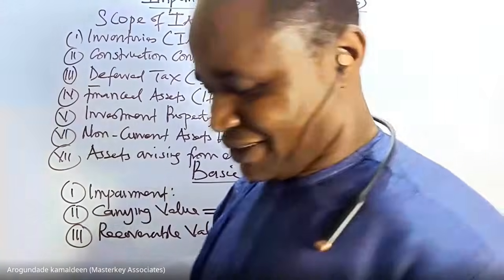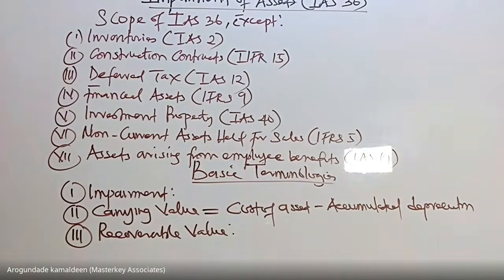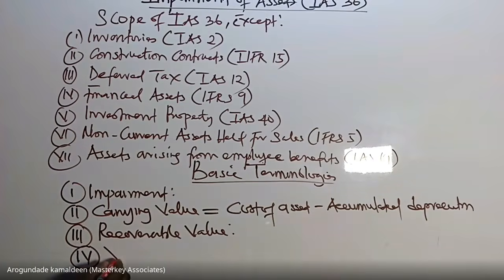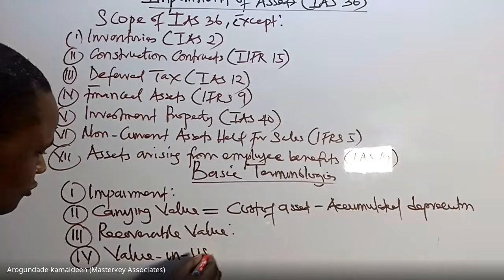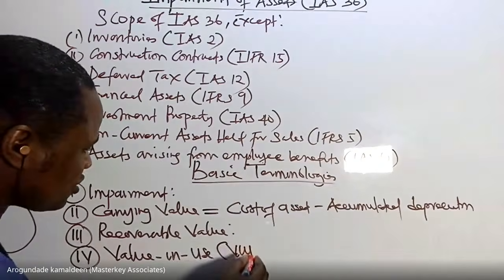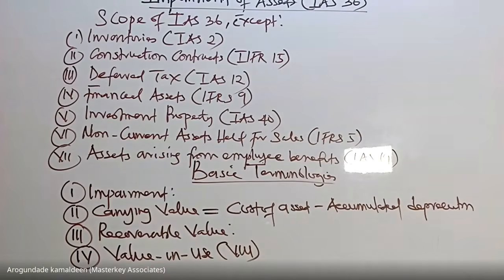So that is that. Next, what is value in use? I said that the value of an asset can be realized in two ways, right?